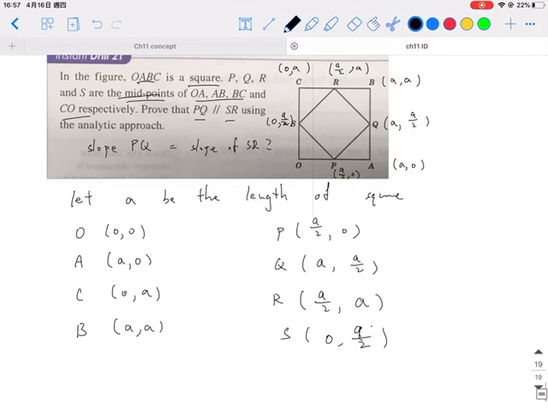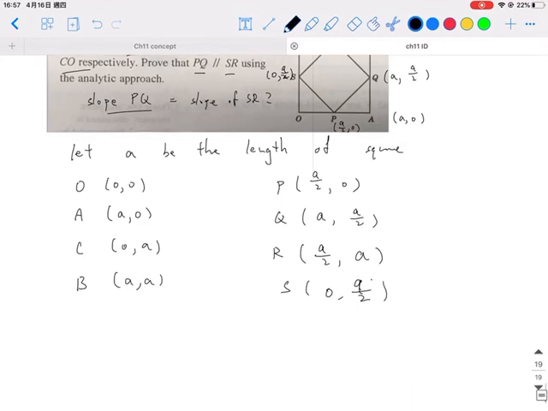We can show the slope of PQ first. So the slope of PQ should be (A/2 minus 0) over (A minus A/2), and you will get A/2 over A/2, which is equal to 1.